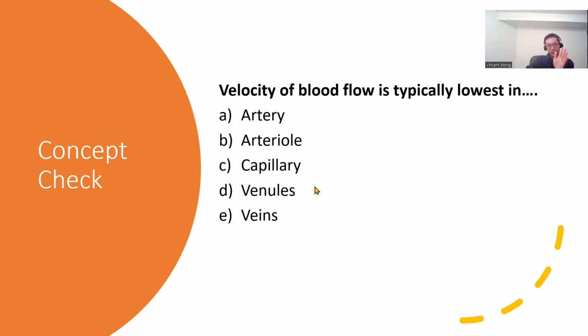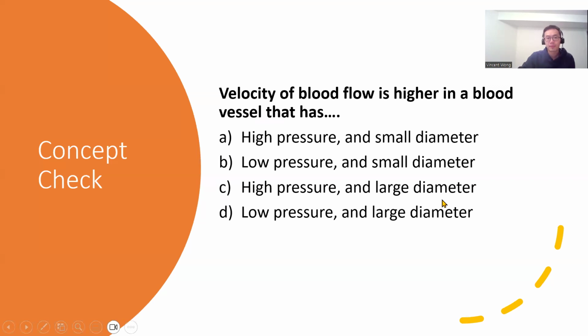Remember I said you have to slow down enough for the gas exchange to take place. Another one.